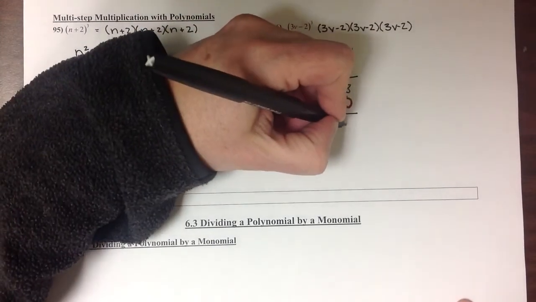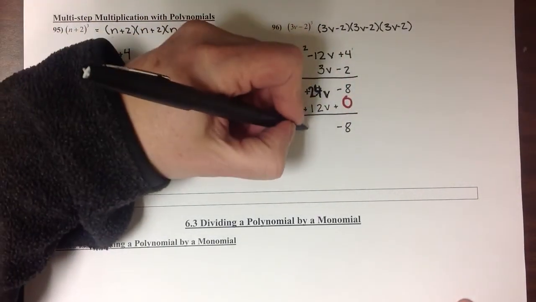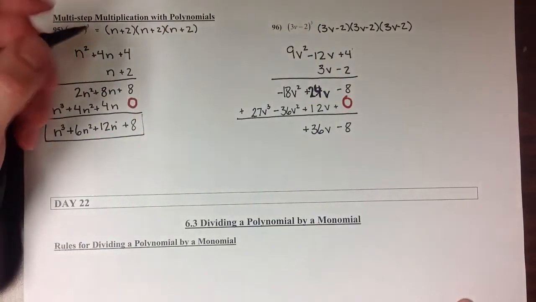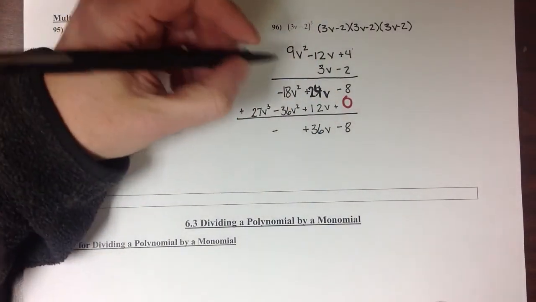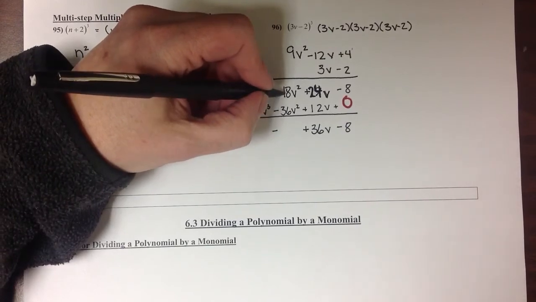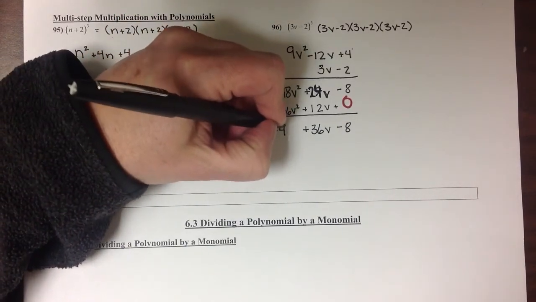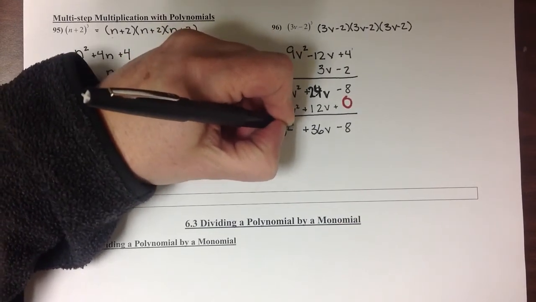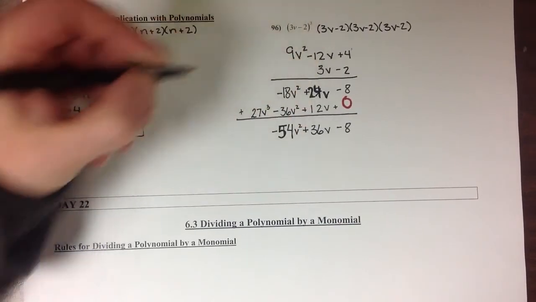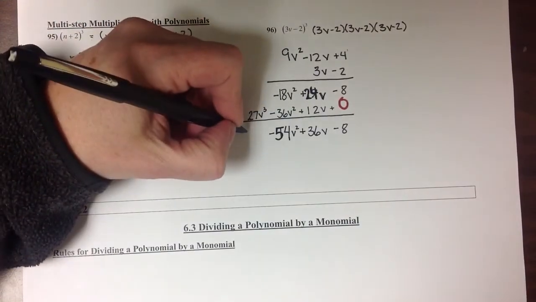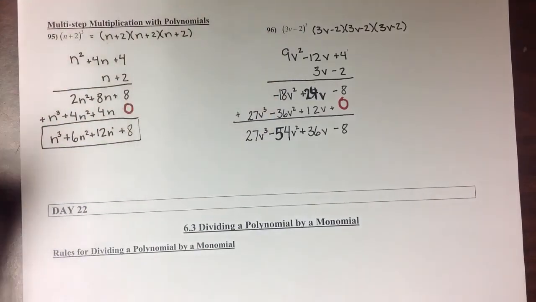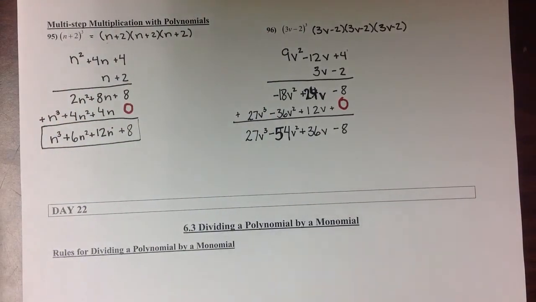Adding everything together, negative 8, positive 36v, a negative 54, having number dyslexia today, v squared, and a positive 27v cubed. And that's the end of section 6.2.